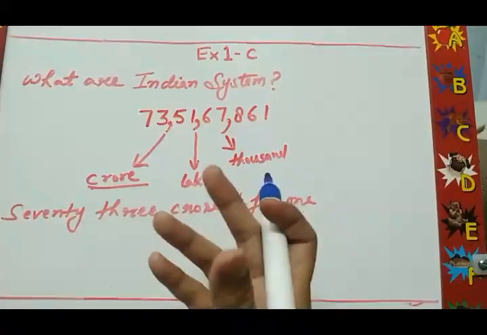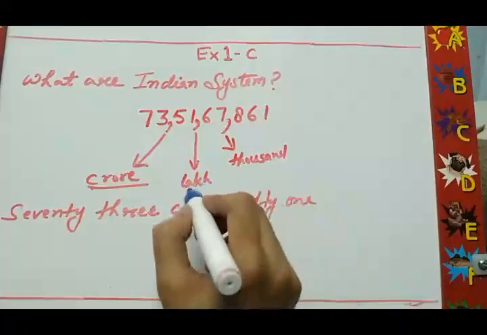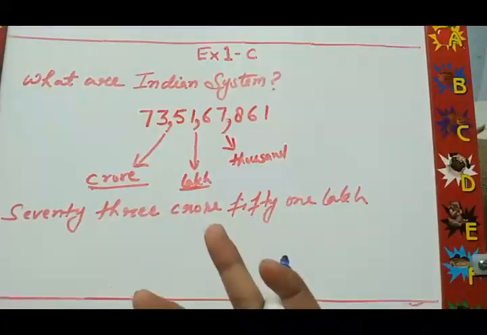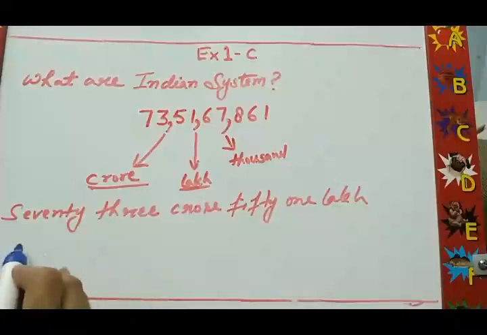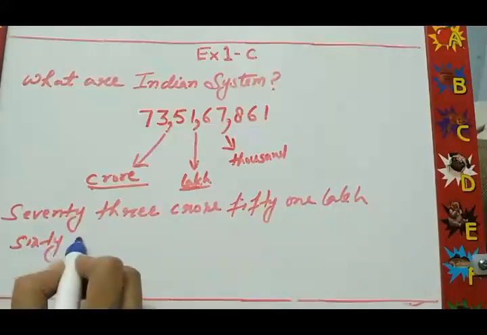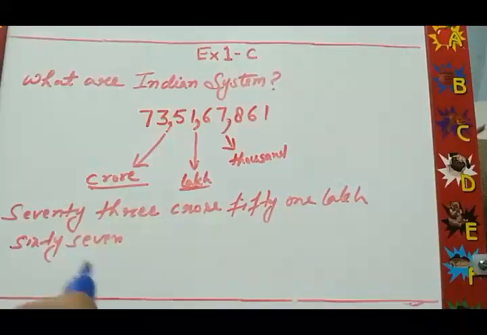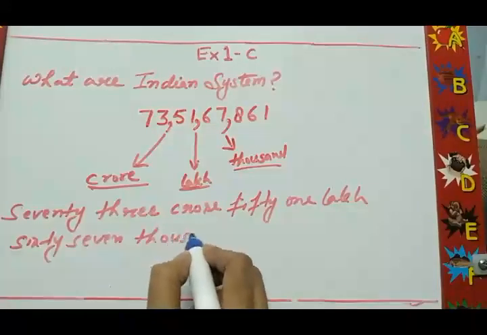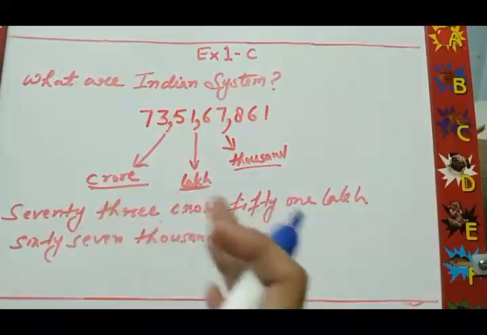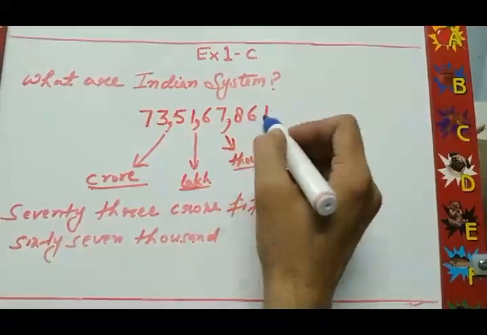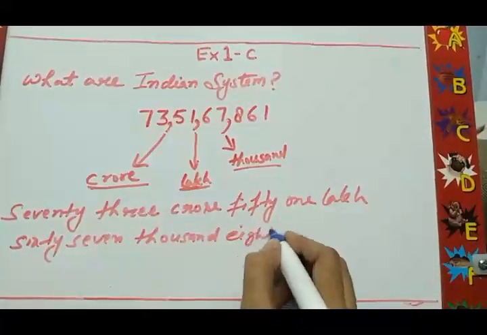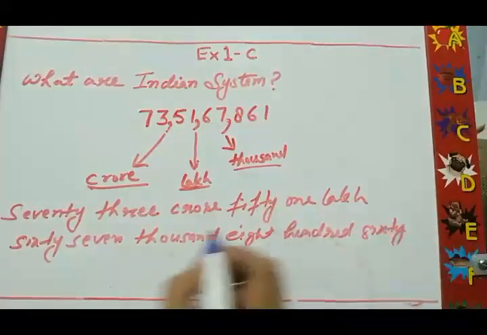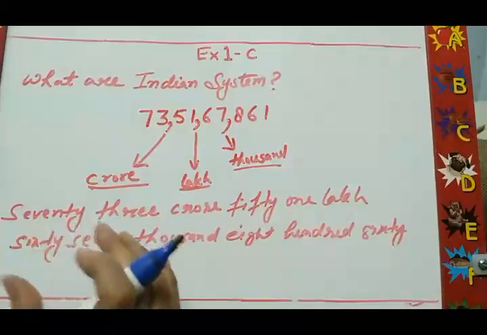Then we will write the next comma in words, that is lakh, 51 lakh. Then the next numerical value between the commas, that is 67. Then the next comma in words, that is thousand. Then we will write the rest of the numerical value, that is 861. This is called the Indian system.